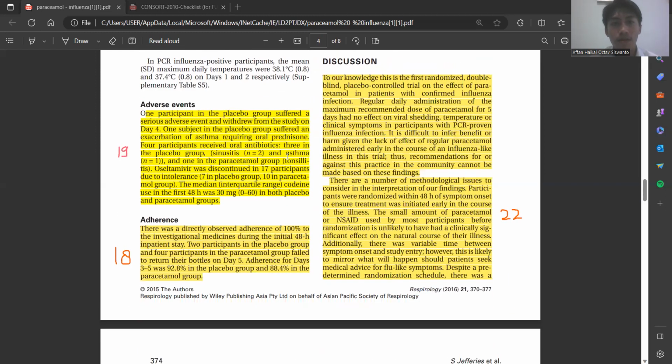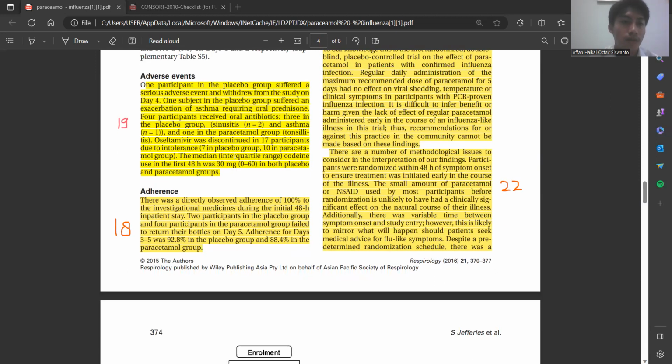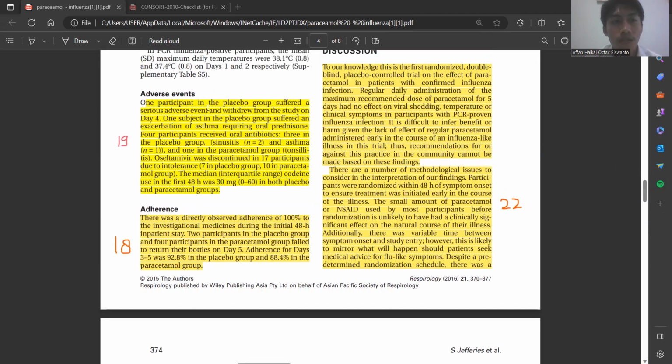Okay, the next item we have here is item number 19. Item 19 is about harms: all important harms or unintended effects in each group. So, mentioned here, one participant in the placebo group suffered a serious adverse event and withdrew from the study on day 4.